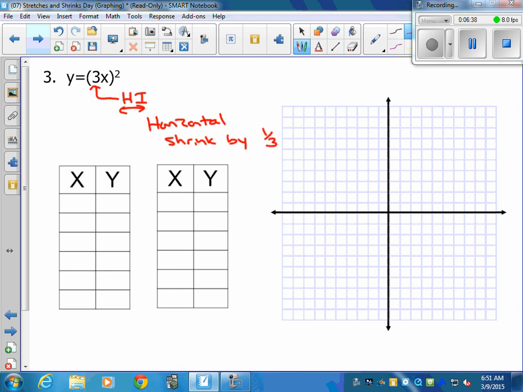Horizontal shrink by 1/3. So working with our original parent function points, that's always our starting spot for the parent function of x squared. The next thing we do is we just take all of our x values and multiply by 1/3 or divide by 3.